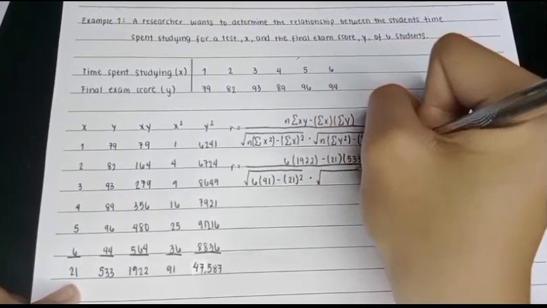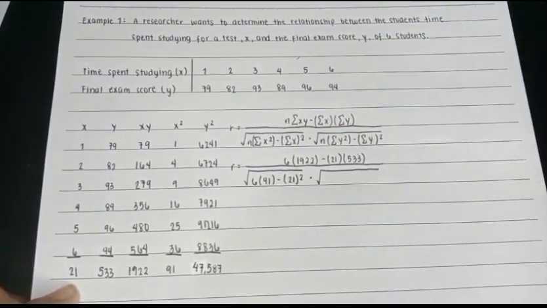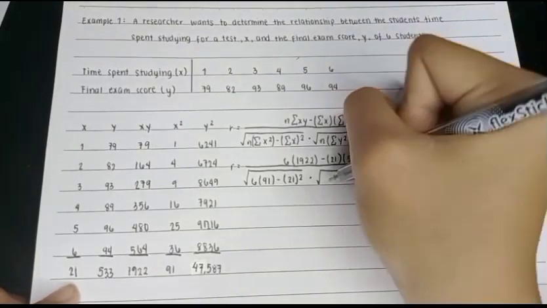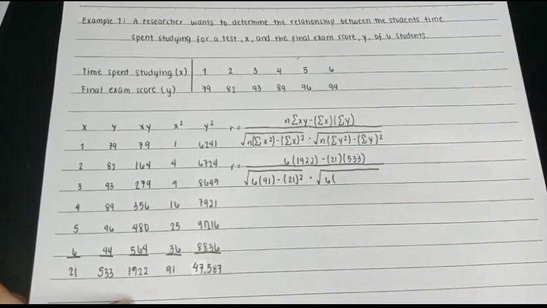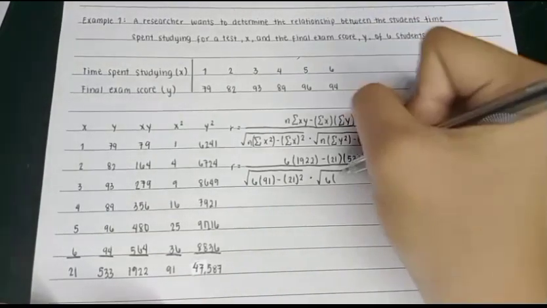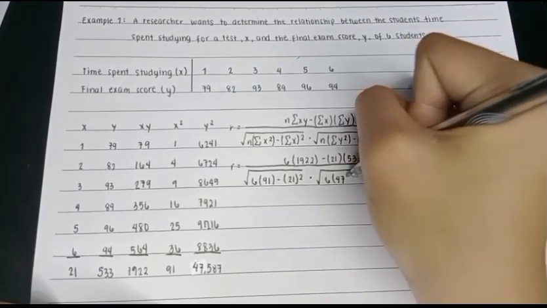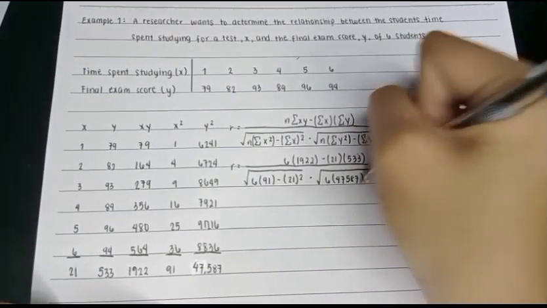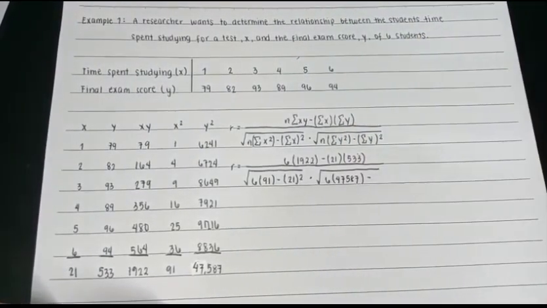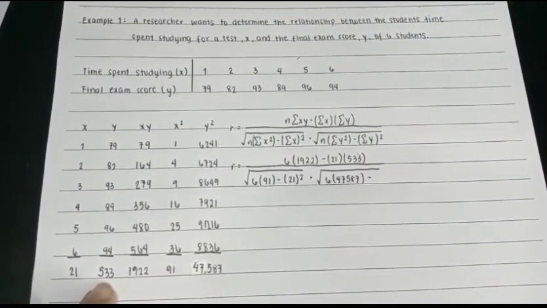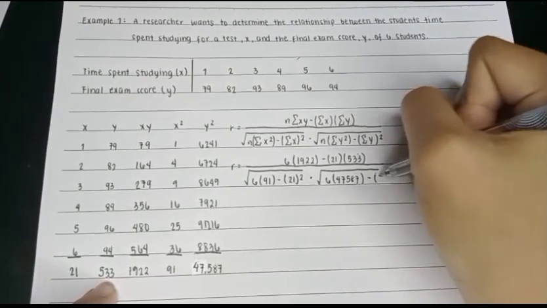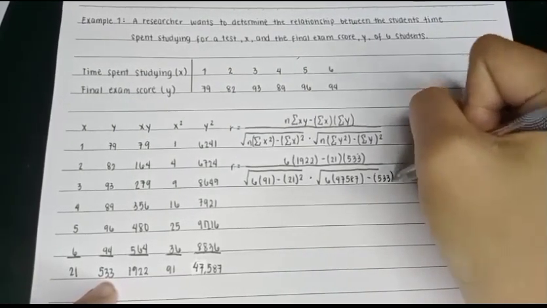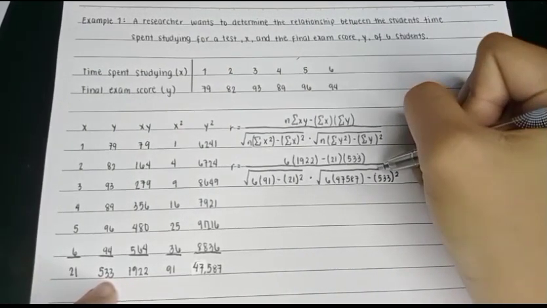Square it ulit. Value ng n natin, which is 6. Then, the sum of our y squared is 47,587 minus the sum of our y, which is 533, then squared.